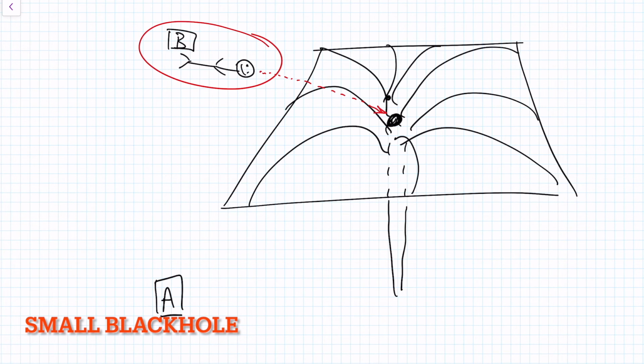So according to B, this person will instantly smash into the black hole, almost at the speed of light, yeah? But what about the person observing this event at A?